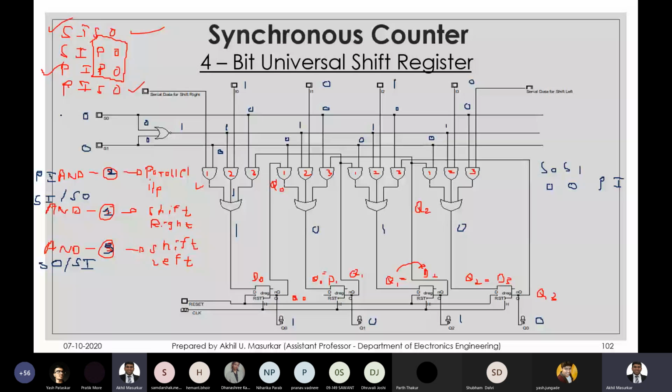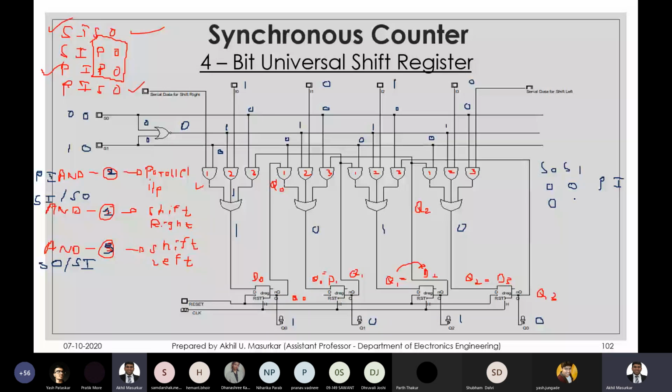Similarly, you can check what happens if you give 0 1 here. If you give 0 1 here, this will be 0. So all parallel operations will become disabled, and only serial operations will start. So serial means it can be either 1 is enabled or 3. If 1 is enabled, it will be shift right kind of operations. If 3 is enabled, it will be shift left kind of operations.